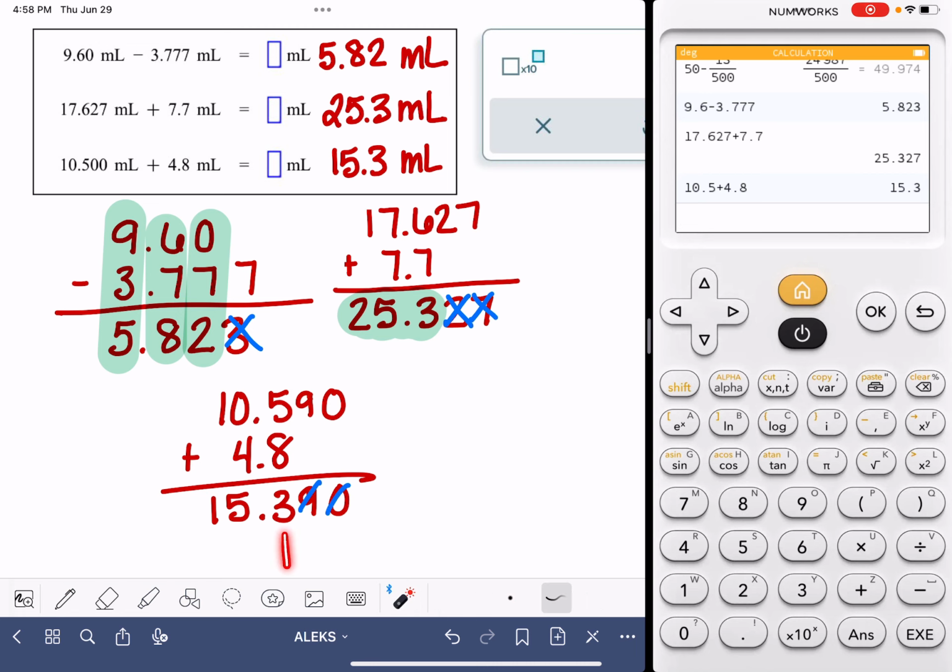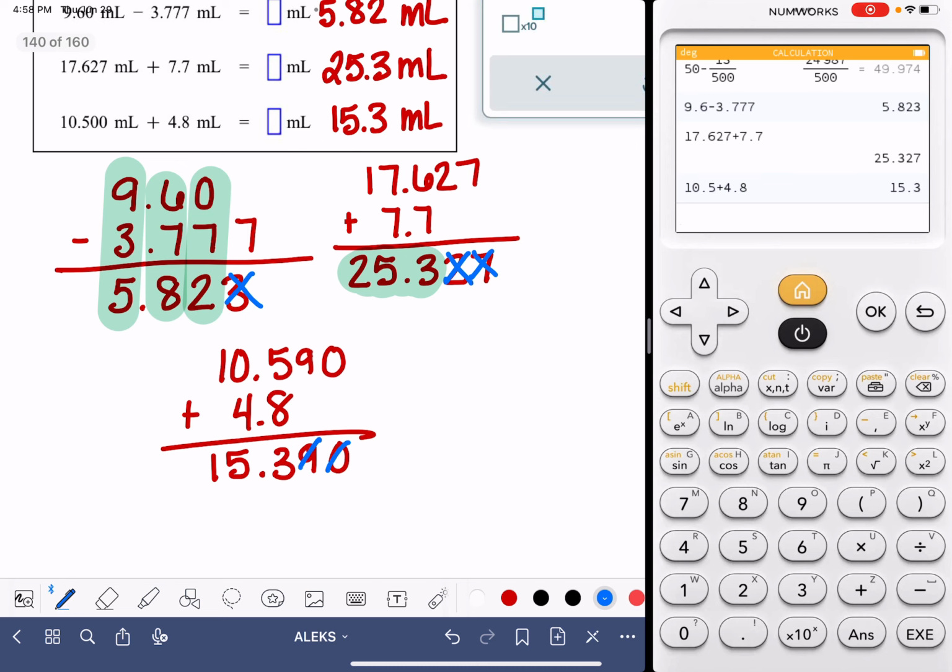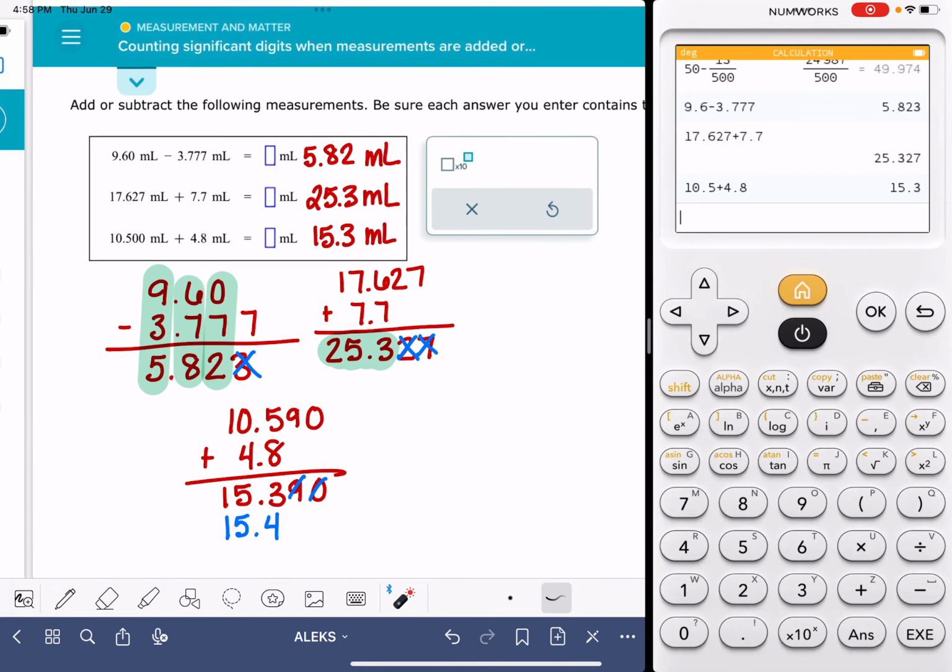But for this digit, because the one previous was a 9, we would need to round that 3 up to a 4. So the same type of rounding rules apply when we're dropping digits off. If we need to round because one of the digits that we're dropping is 5 or greater, then still do that. Do your normal rounding rules.